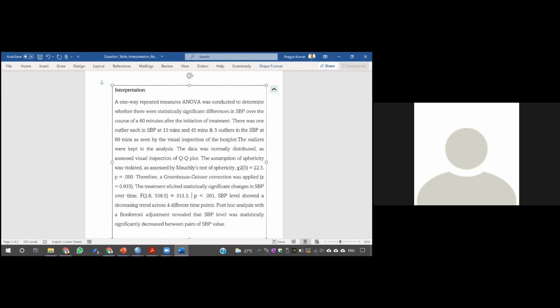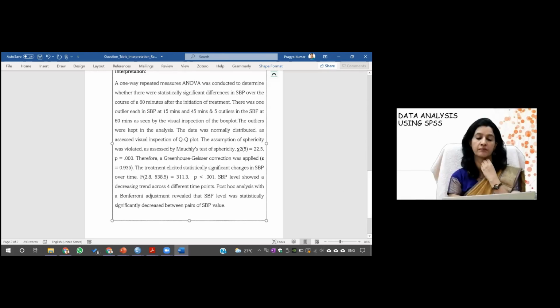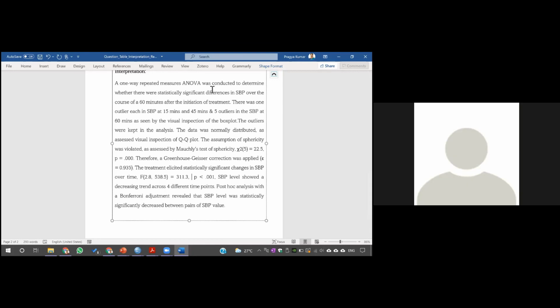The SBP level showed a decreasing trend across 4 different time points. The post-hoc analysis with the Bonferroni adjustment revealed that SBP level was statistically significantly decreased between the pairs of SBP values.